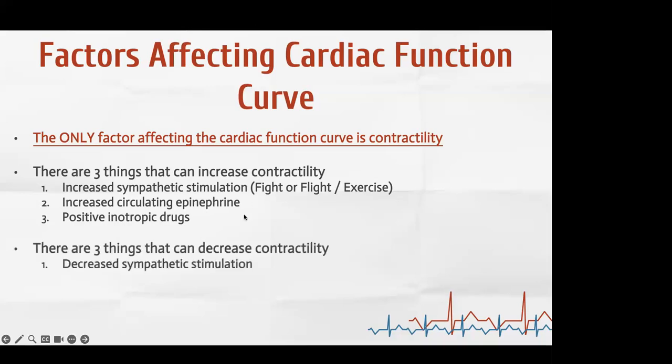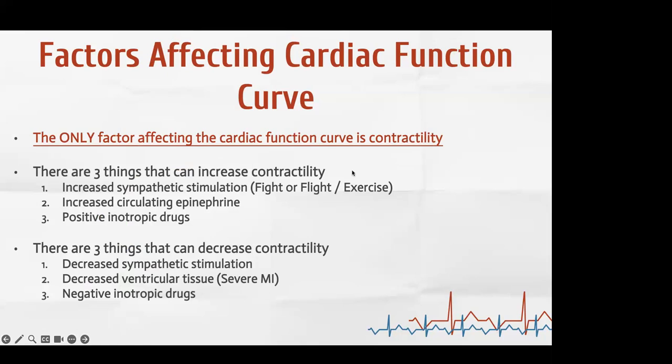Okay, and you can only decrease it by three things: decrease sympathetic stimulation, negative inotropic drugs, and one more thing, which is decreased ventricular tissue. This happens in severe myocardial infarction when your heart tissue is dead. That's why contractility decreases, because there's just less fibers. People always confuse contractility with contractile strength.